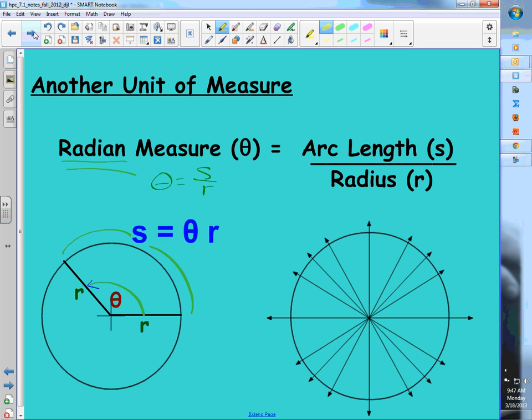Your radian measure, theta, is equal to S over R, which means that S is equal to theta times R, or R times theta, whichever way you want to write it. I tend to like R theta, but it doesn't matter. Theta in this picture is measured in radians. So when we start horizontal right and we come counterclockwise, we're measuring theta in radians. This is a different unit of measure. There's no symbol for radians.